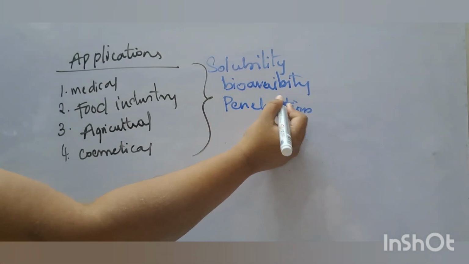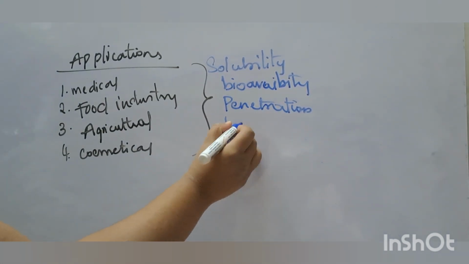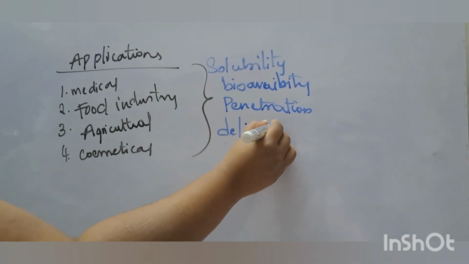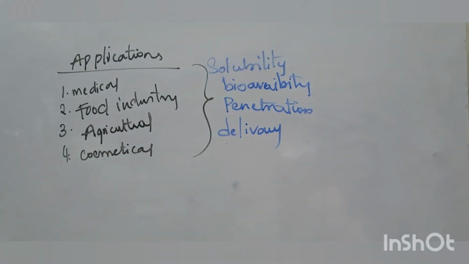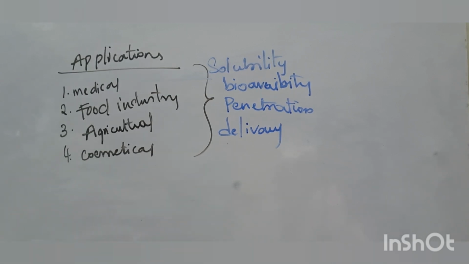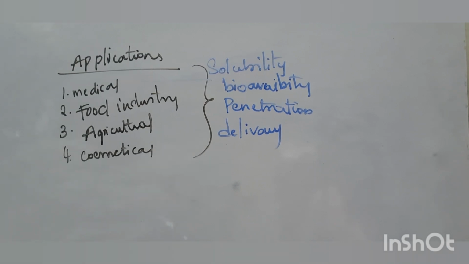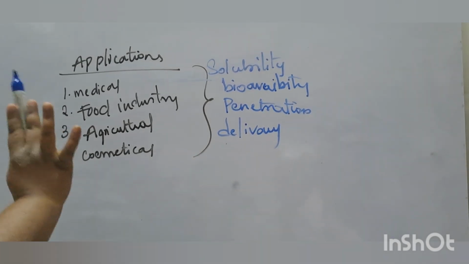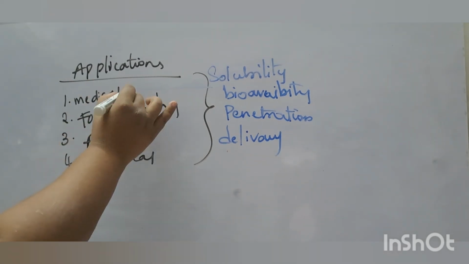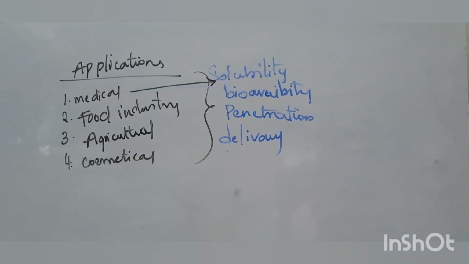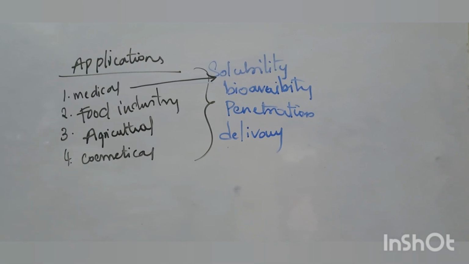It is just like matching the following. I'll show you a simple method to remember this. For medicinal use, we can use solubility, right? While delivering drugs, some drugs have poor solubility. For that we use nano emulsions to solubilize them in the medicinal industry. So simply remember, solubility is for medicinal.